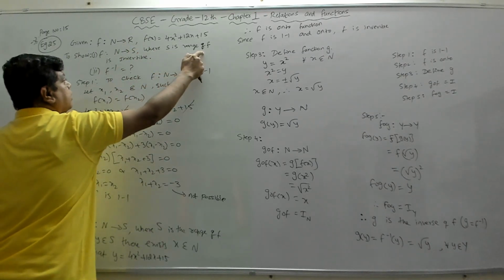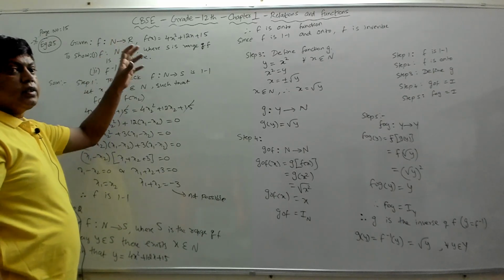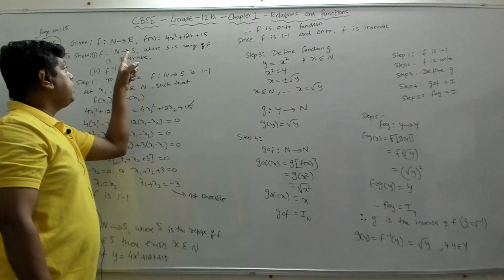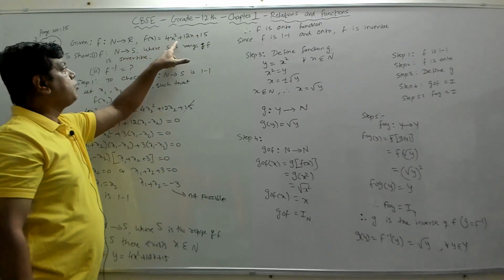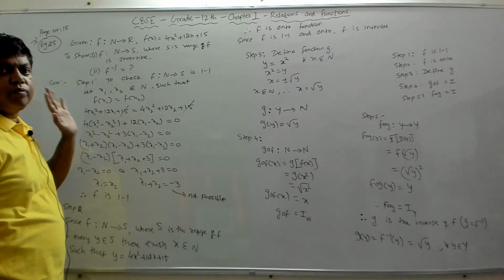Range of f means the collection of all the images of this function. All the images of this function is what? f of x, which is this. Which means any element of S will be in the form of 4x square plus 12x plus 15 for some x belonging to natural numbers.